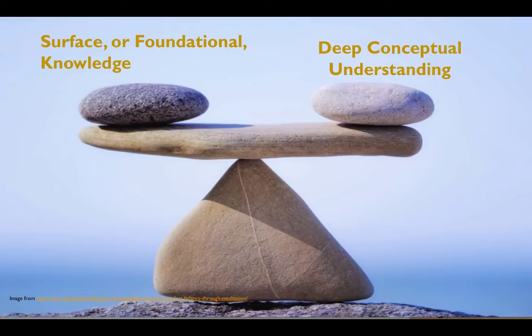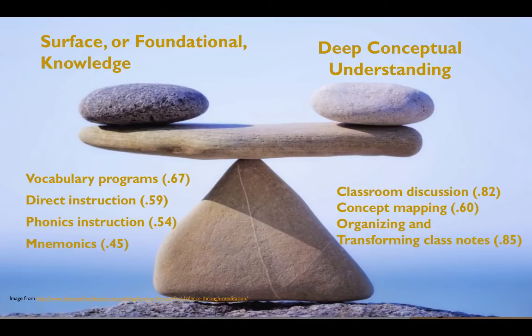Hattie also has you look at surface or foundational knowledge and deep conceptual understanding. There's a very strong chapter of that in your book. To understand that, I think of, go back to your Bloom's taxonomy.